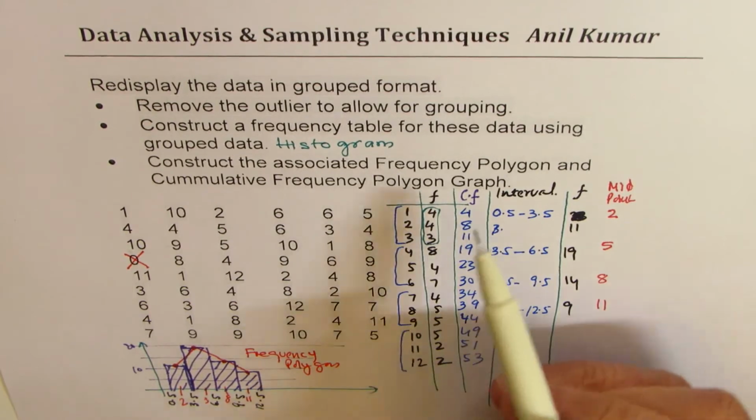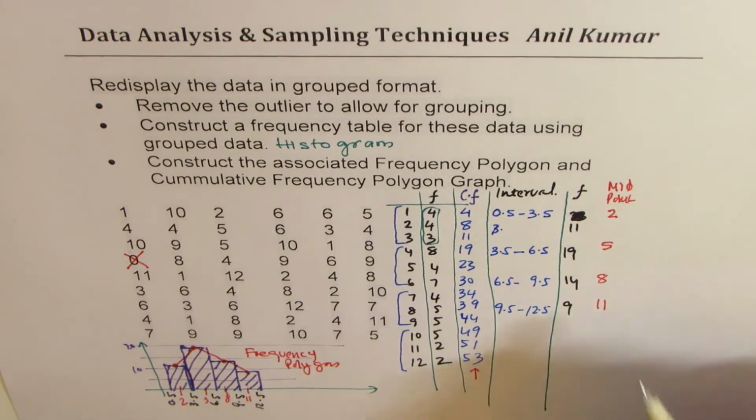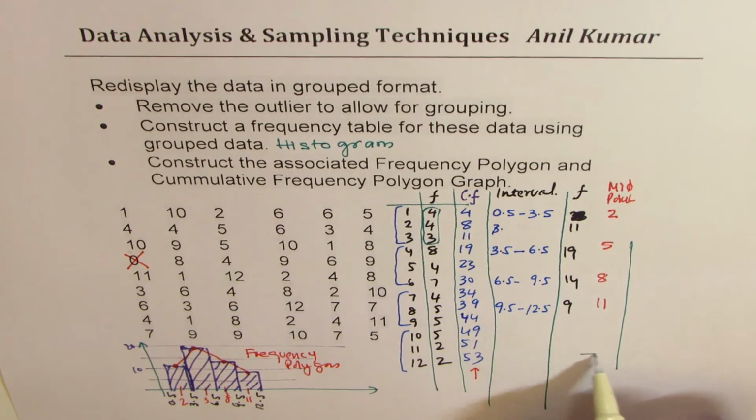So the cumulative frequency column is right there. What you need to do is construct another graph for the cumulative frequency. Since I don't have much space here, I will sketch it in one corner and just give you an approximate result.